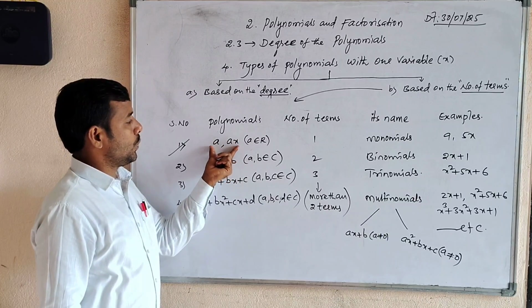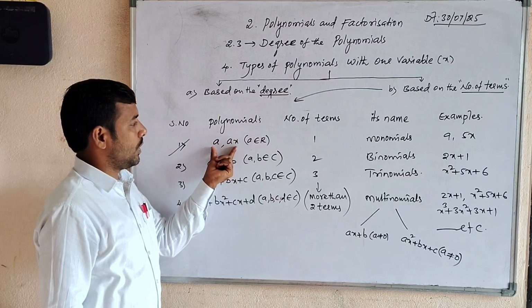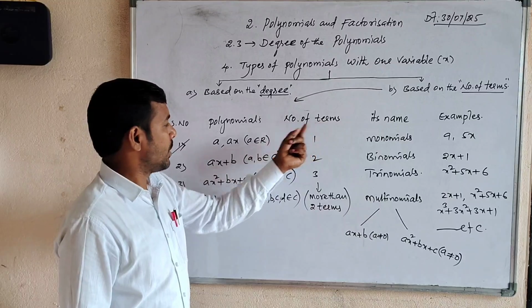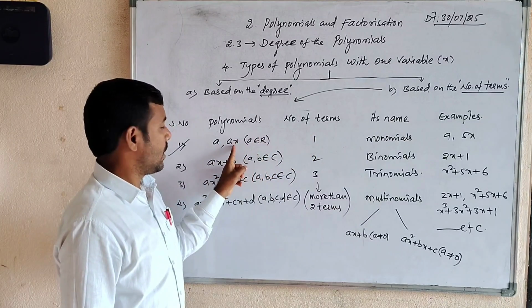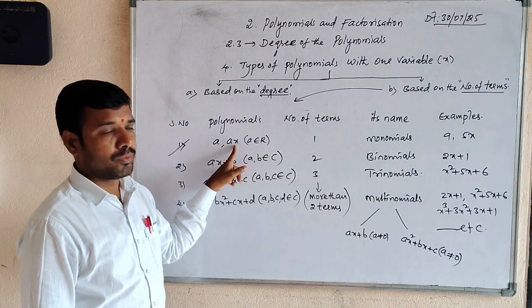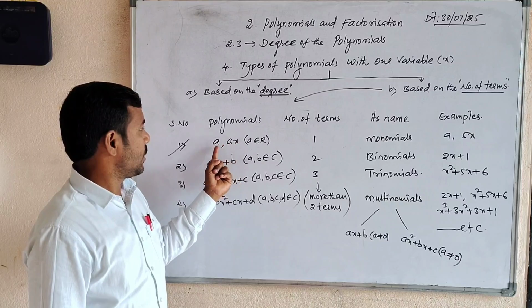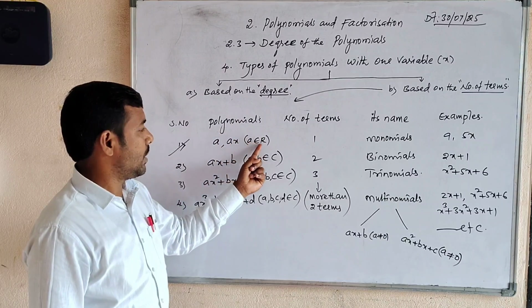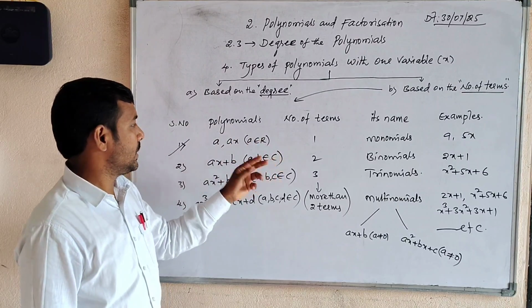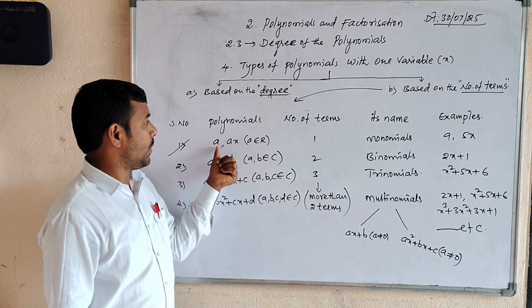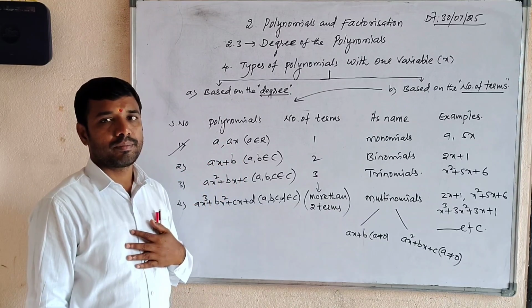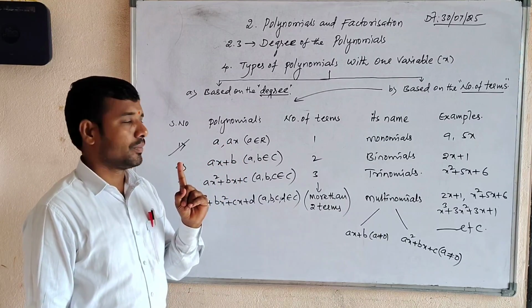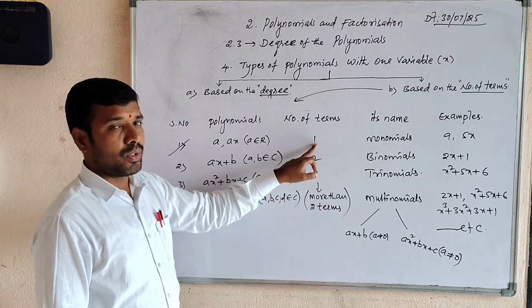In these two polynomials, observe carefully. How many terms are there? Number of terms. Here one. Here also only one. These two are the best examples of polynomials where a belongs to real numbers. But in both of these polynomials, how many terms are there? One. So one term there.